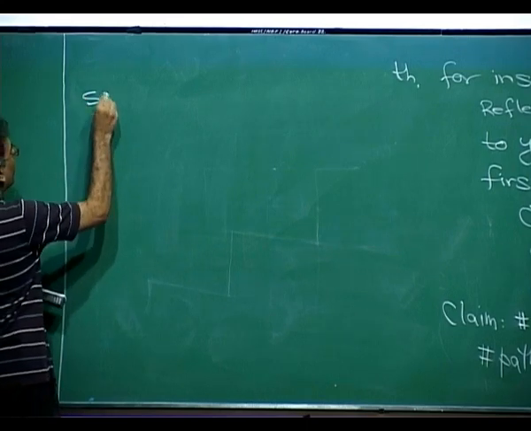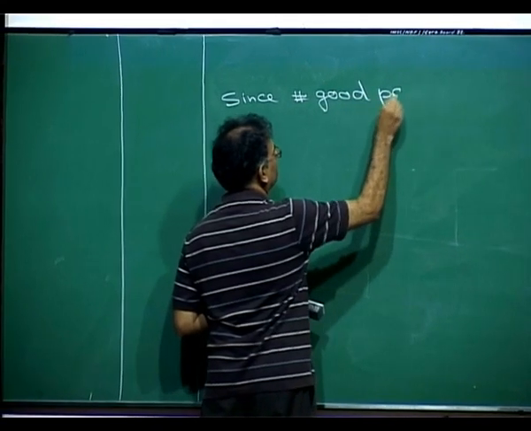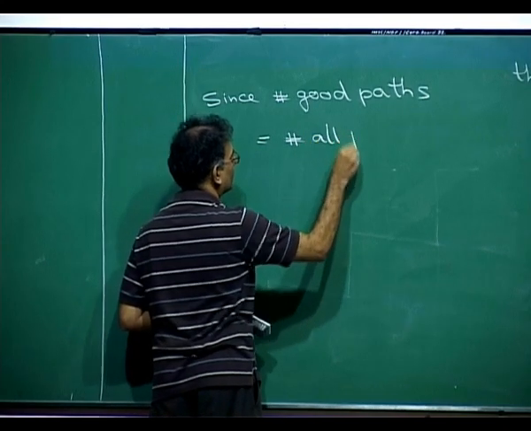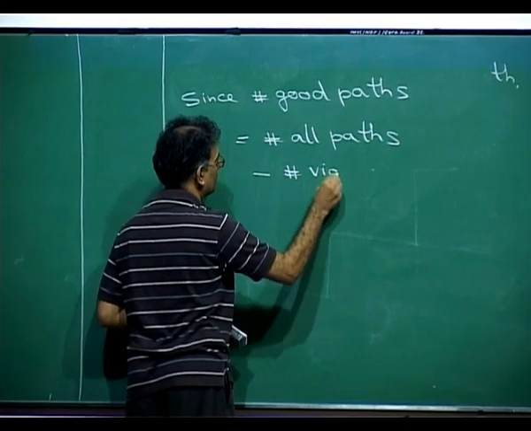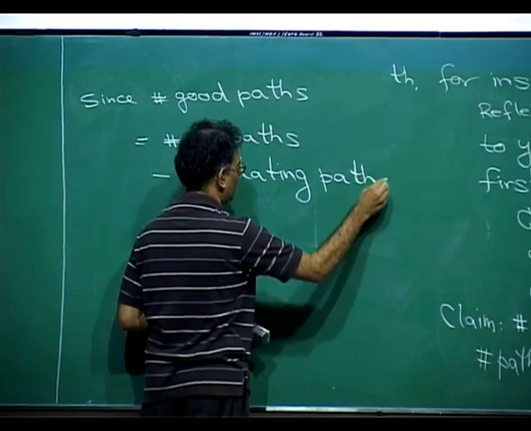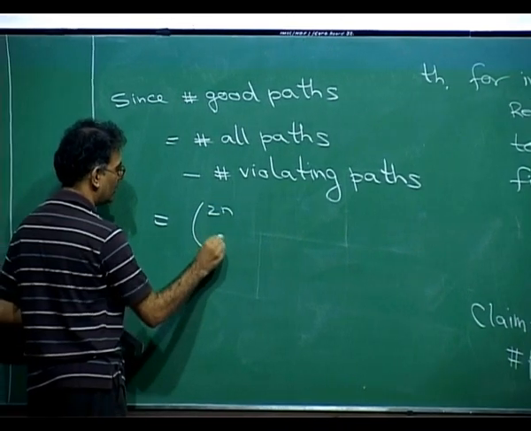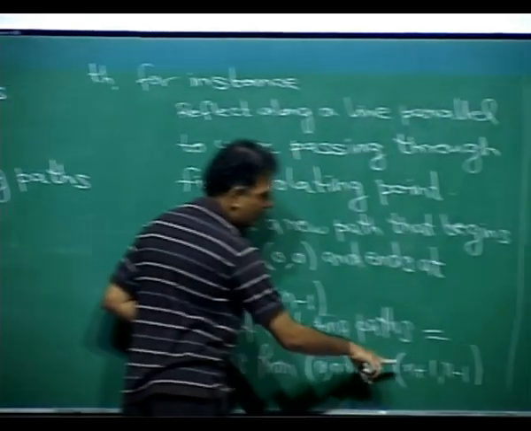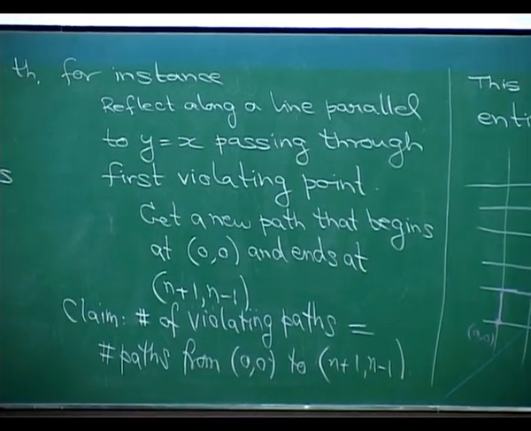Since the number of good paths equals number of all paths minus the number of violating paths, and number of all paths we already know is 2n choose n, and the number of violating paths is the same as the number of paths from 0, 0 to here, which is 2n choose n plus 1.